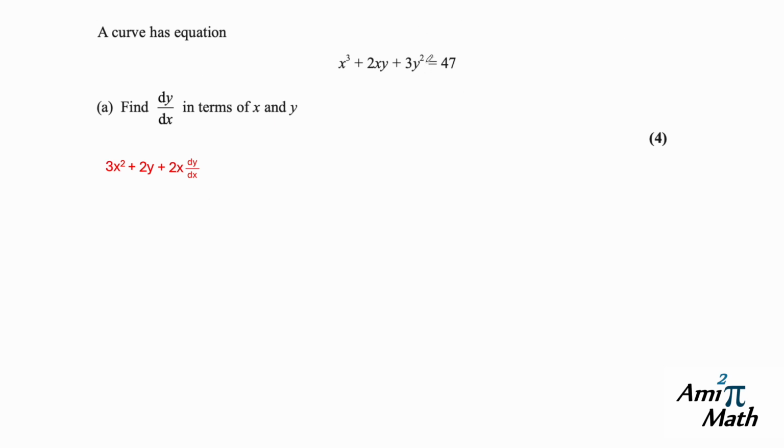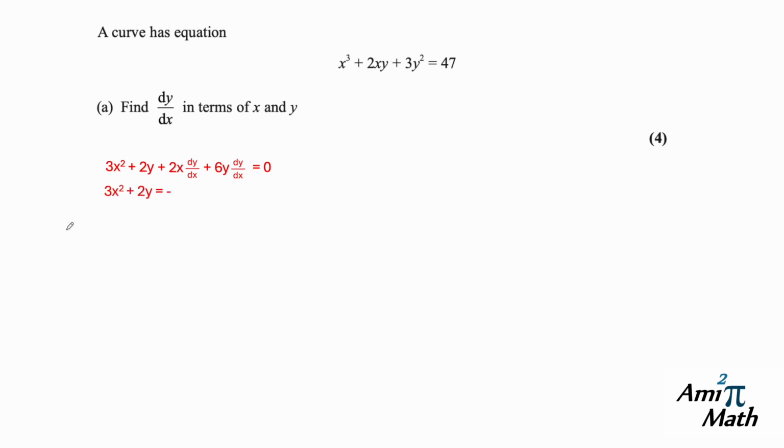And then for this part, we bring the 2 in front, which gives 6y multiplied by dy/dx again, because we need to get rid of the y. And 47 is just a constant, so it differentiates to 0. And then we need to bring the dy/dx terms to one side so that we can factor it out.